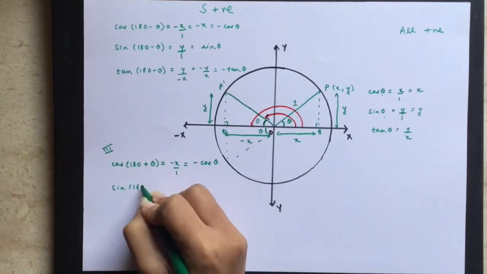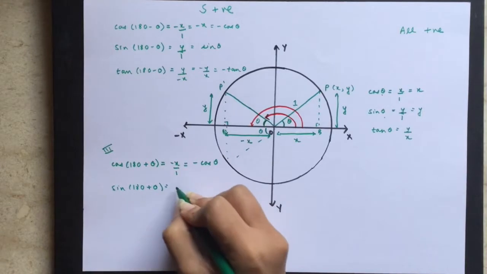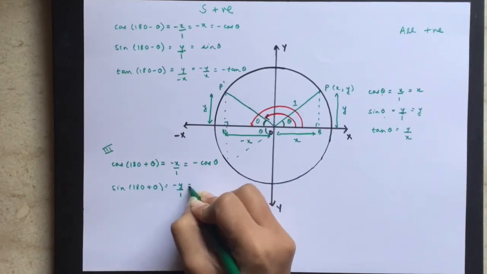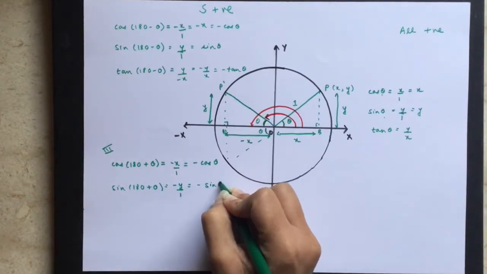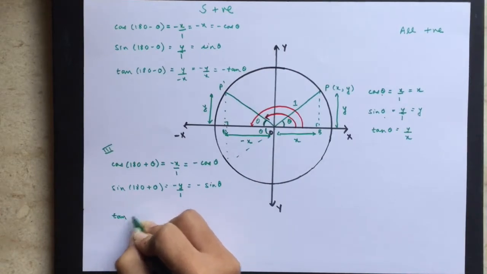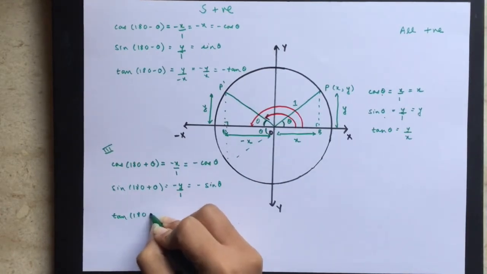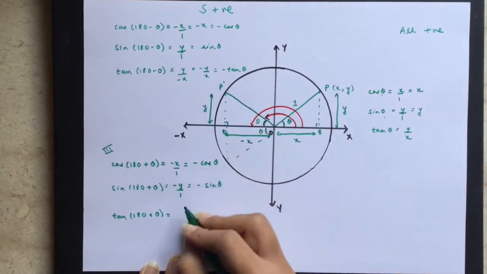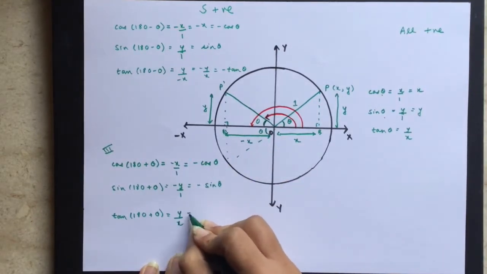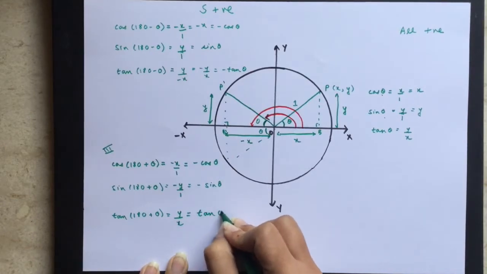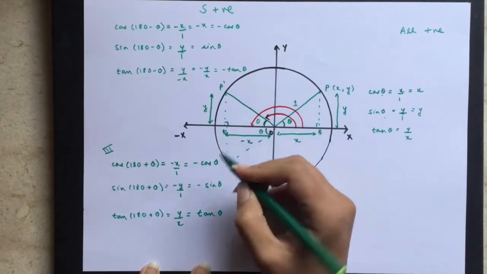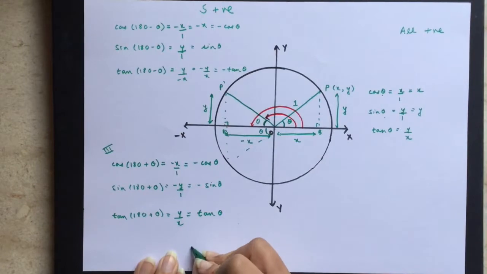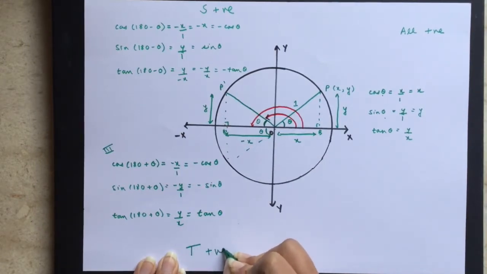Similarly, sine of 180 plus theta is going to be minus y by 1, which is minus of sine theta. Interestingly here, tan of 180 plus theta will be their ratio, and the minus and minus get cancelled, so we get y by x, which is positive tan theta. That means here we always get cos and sine as negative and tan as positive.